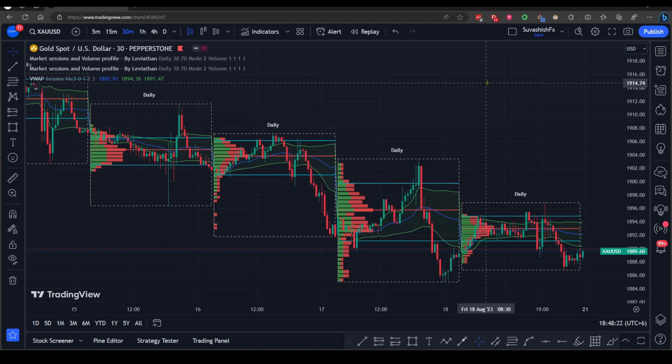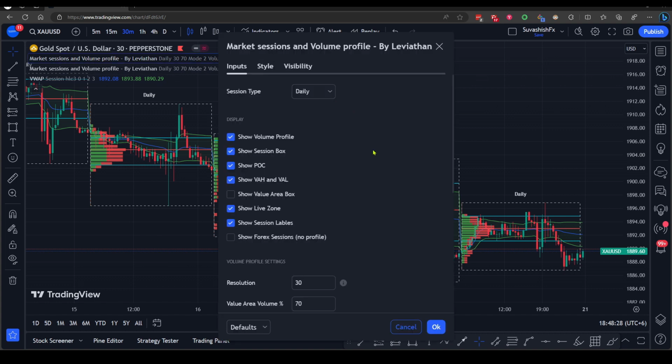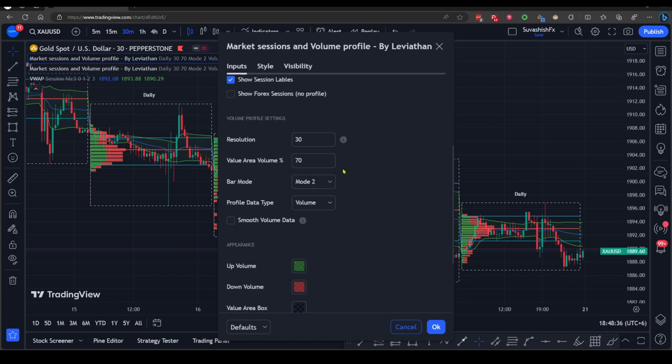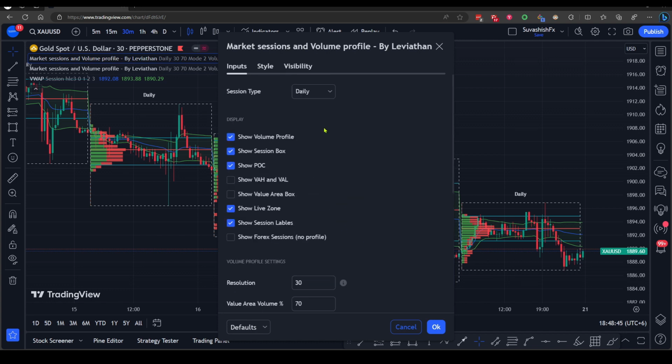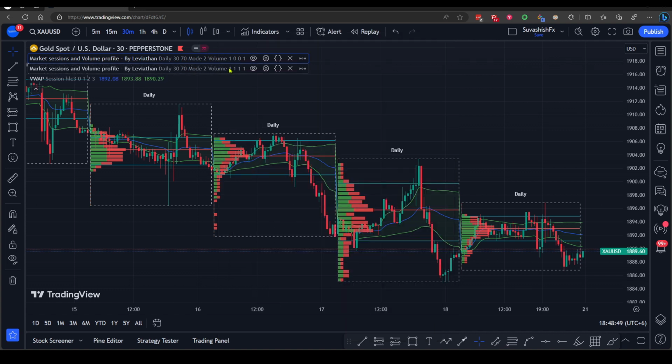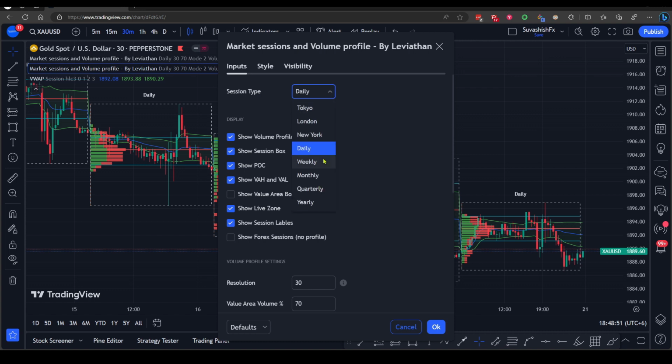Now let's go to the settings and change one by one. So first of all, let's go to the settings, click that show volume high and low, uncheck this box and also make it 0, and daily is perfectly fine. Next, go to the next one, change it to weekly.